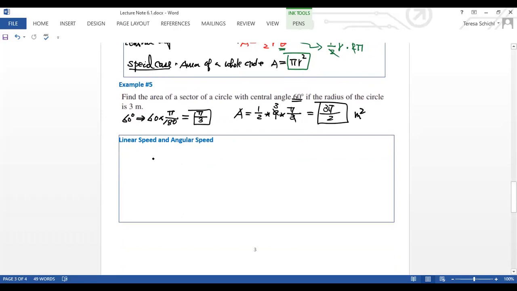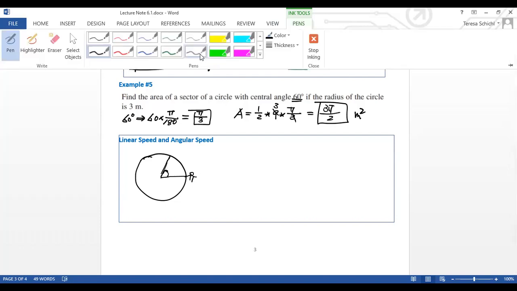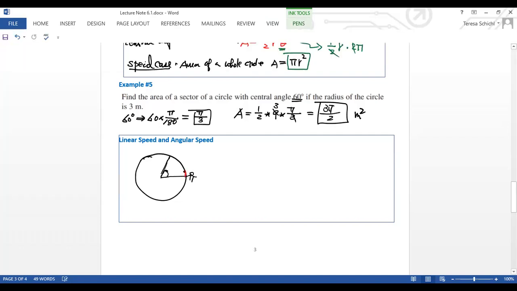If I have a circle and a person standing here, and this person starts to run, and if this angle is changing at a certain speed, this person is running on this boundary.